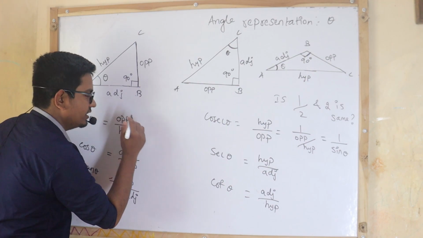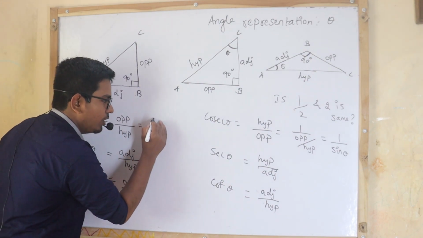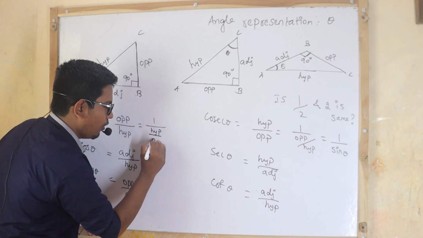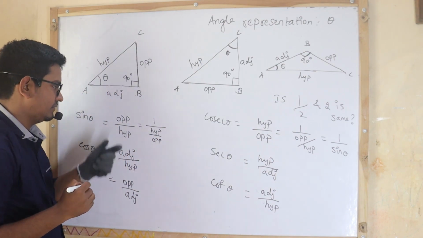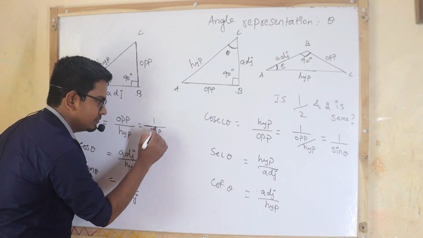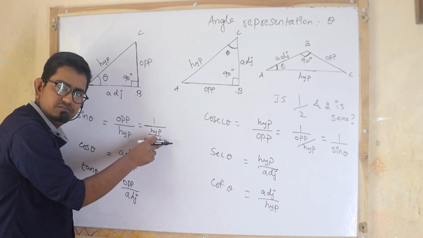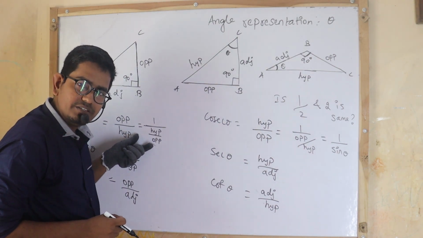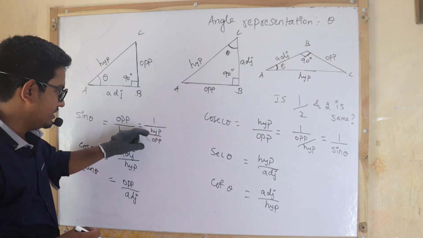I am going to write here one more thing, that is 1 by hypotenuse upon opposite side. Can I write this? Yes, of course. In the denominator I am having a fraction. So whenever in the denominator there is a fraction, we will take the reciprocal of it.